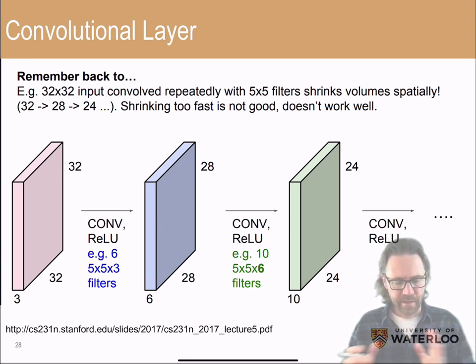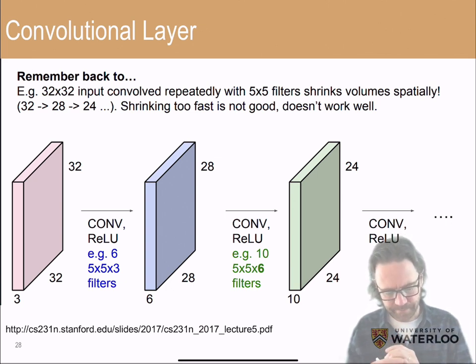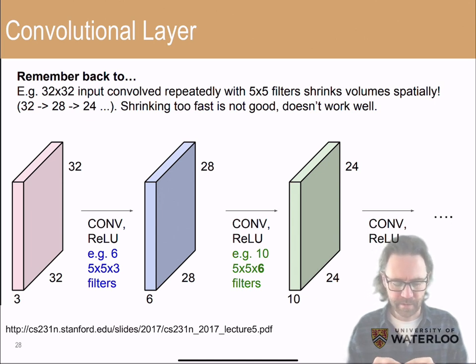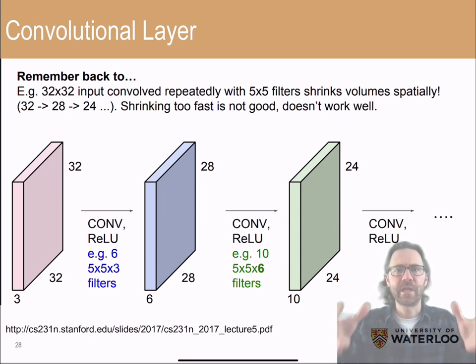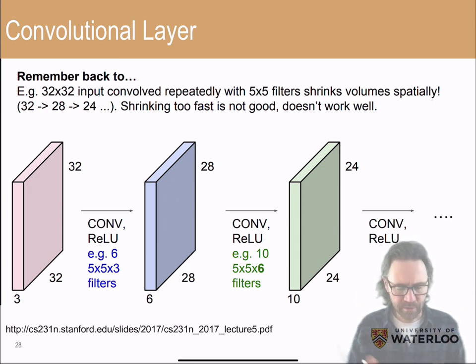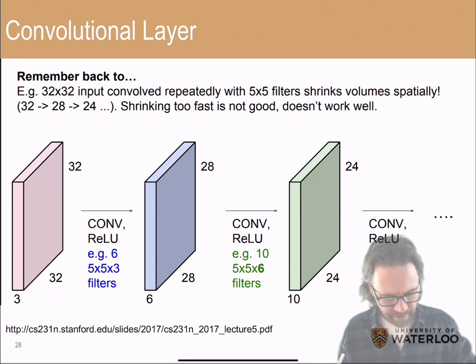Okay, now if you don't do padding, and your kernel is quite large, in this case we're doing 5 by 5 kernels, your feature maps get smaller and smaller. So with a 5 by 5 kernel, you're going to lose 2 pixels on each side, including top and bottom.